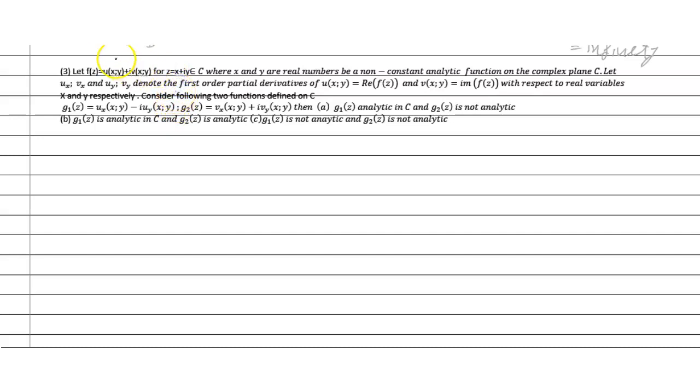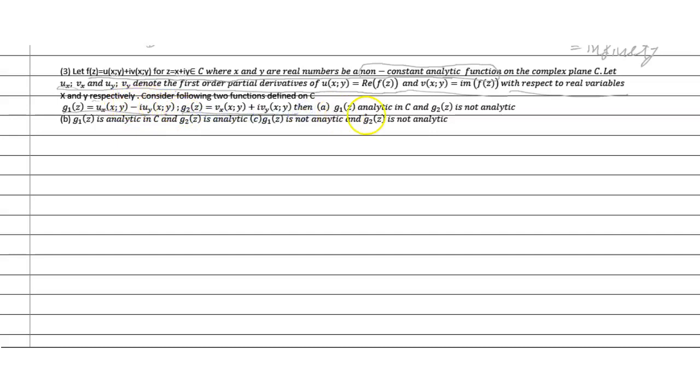If f(z) equals u(x, y) plus i v(x, y), with x and y real, is a non-constant analytic function on the complex plane C, let u_x and v_x denote the first order partial derivatives of u(x, y) = real f(z) and v(x, y) = imaginary f(z) with respect to the real variables x and y, and g1(z) is equal to u_x(x, y) plus i u_y(x, y), and g2(z) is equal to this.